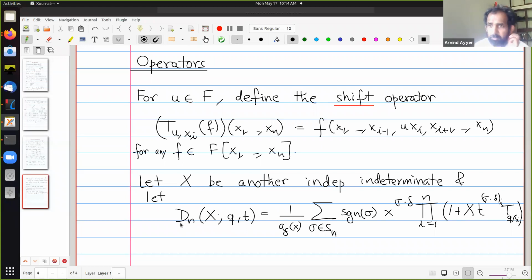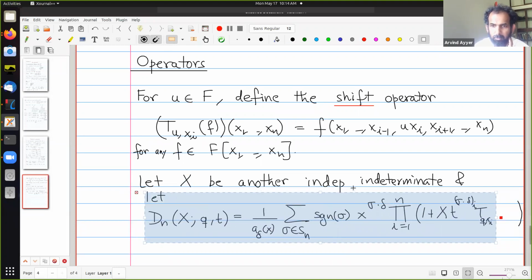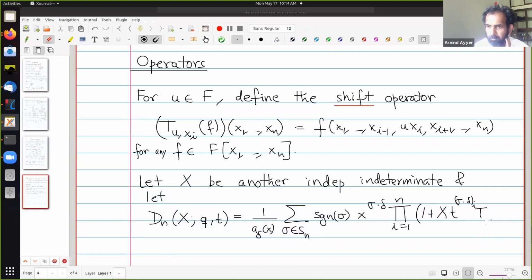So I was defining these operators D_n. Maybe I'll shift all of this. So it's built up of these shift operators. I should say I'm acting on Lambda_n of f, that is in n variables.